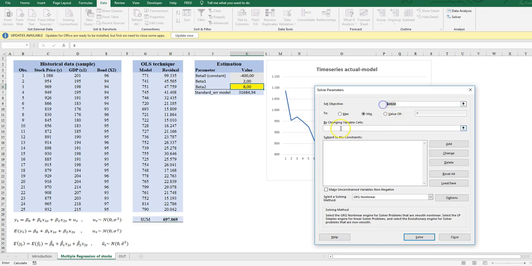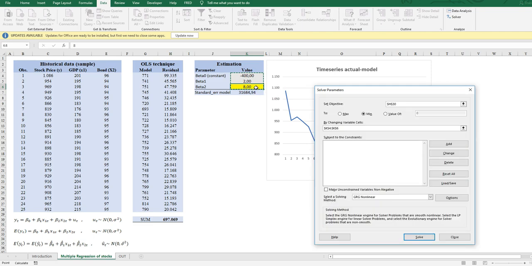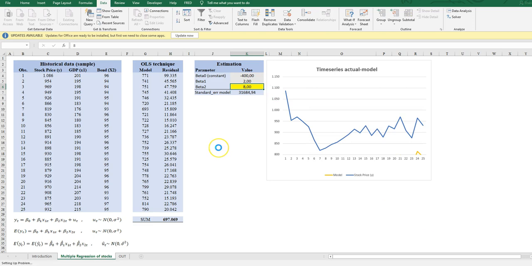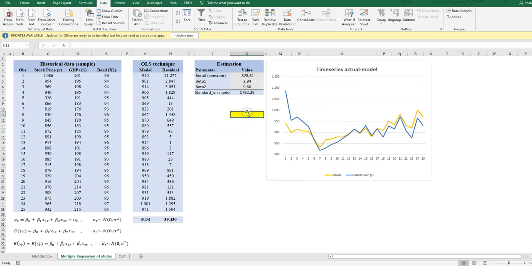So I let Excel minimize this expression by changing the three parameters of the regression model, and solve. And it found a solution. And here you have the parameters.